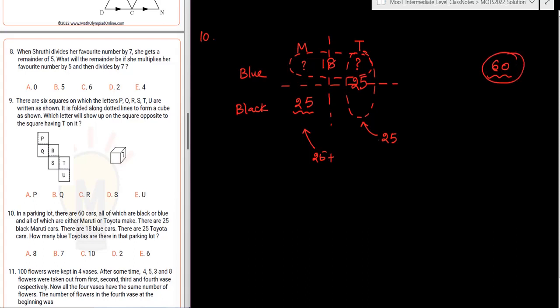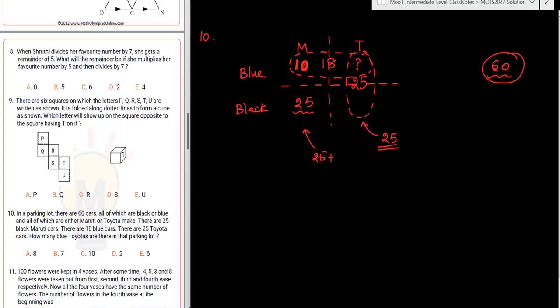So if this Toyota cars are 25 and if the Maruti black are 25, they add up to 50, then 10 more cars have to be this blue Maruti. So this must be 10. Isn't it? Total Toyota cars are 25, black Maruti cars are 25, totals up to 50, but there are total 60 cars. That means the blue Maruti cars must be 10.